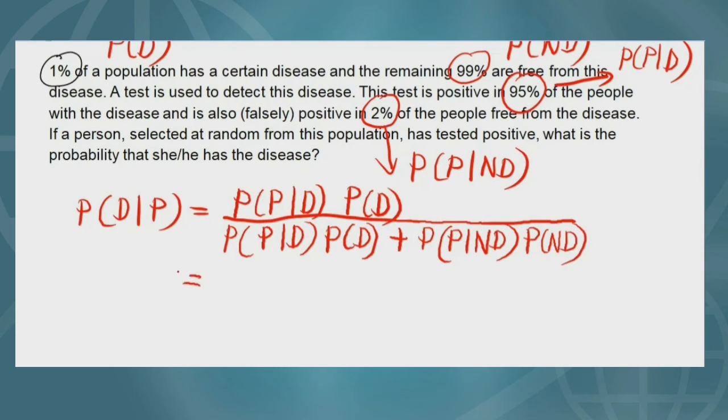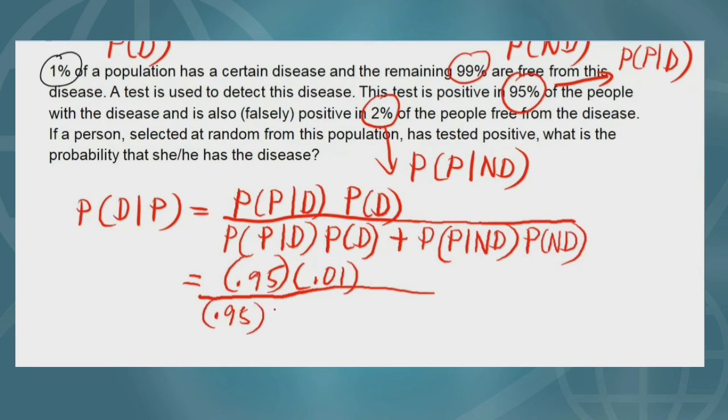So by substitution, what is probability of P given D? So that is 95%. Change to decimal sa 0.95. Then multiplied by probability of having a disease, so 1%, 0.01, divided by, yung denominator, yung nasa left side niya, getting the product, let's copy the numerator.